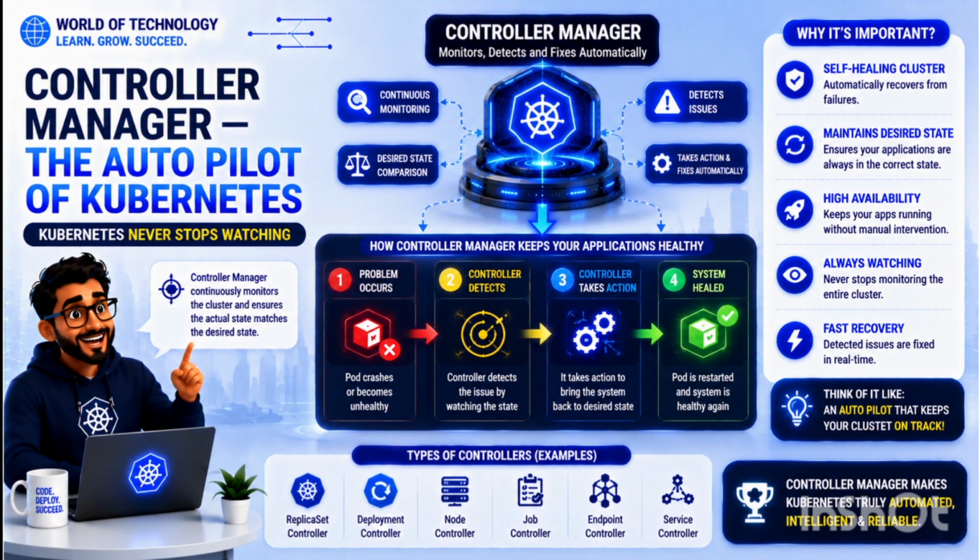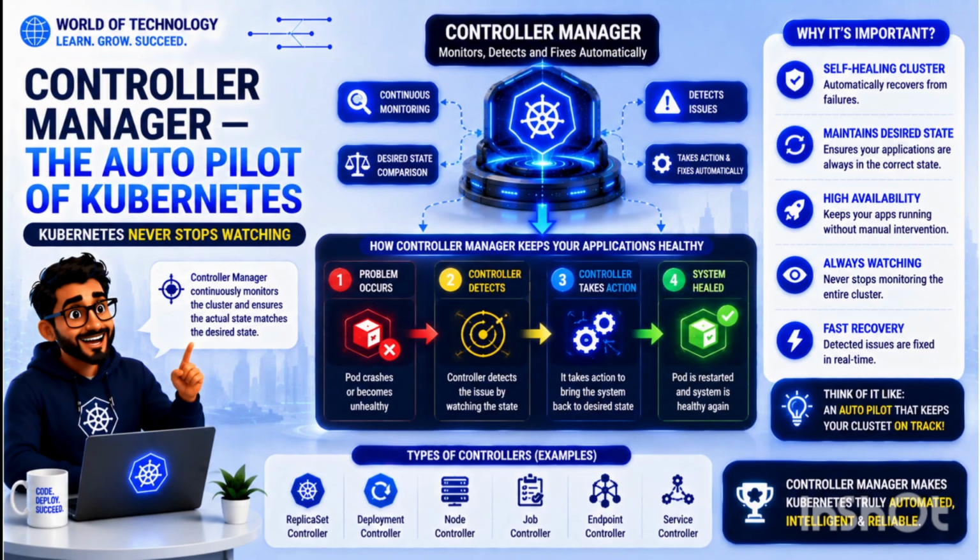Now we reach the automation engine of Kubernetes, the controller manager. This component continuously watches the cluster. Its job is simple. Compare what should happen with what is actually happening. For example, you requested 3 pods, but currently only 2 are running. The controller manager detects the difference.